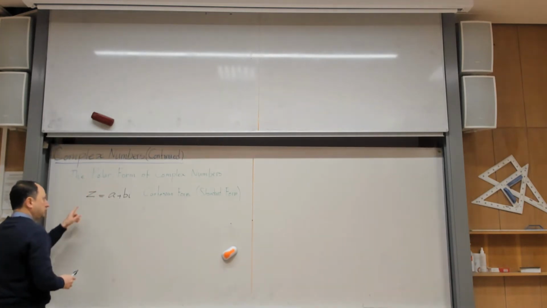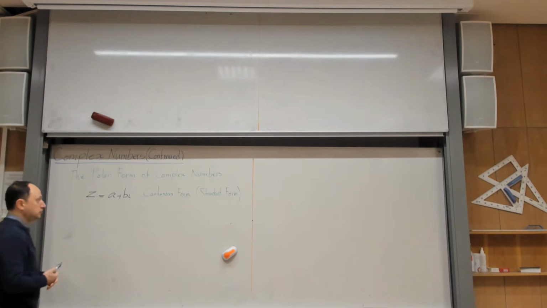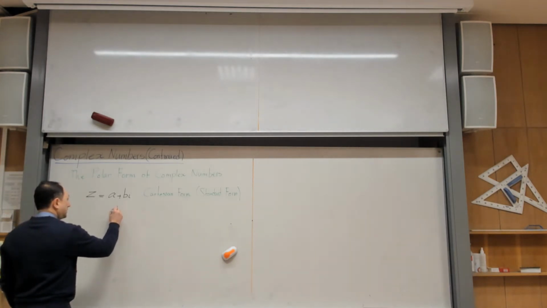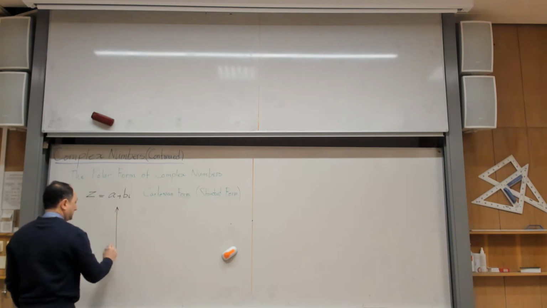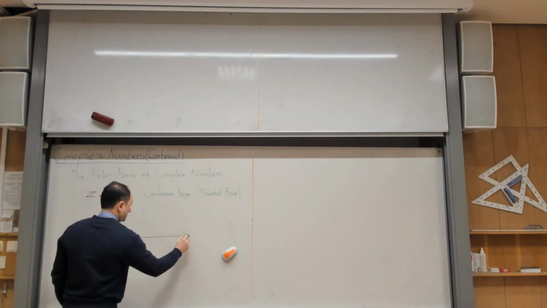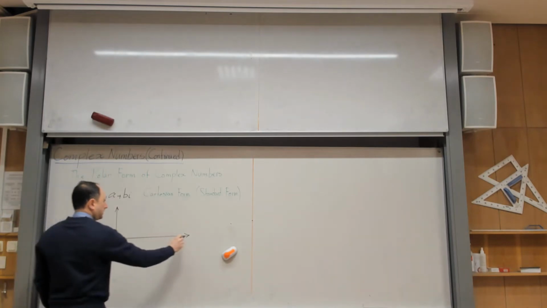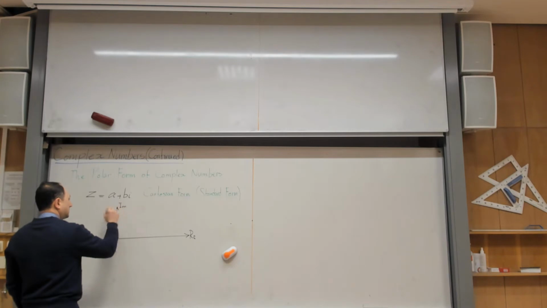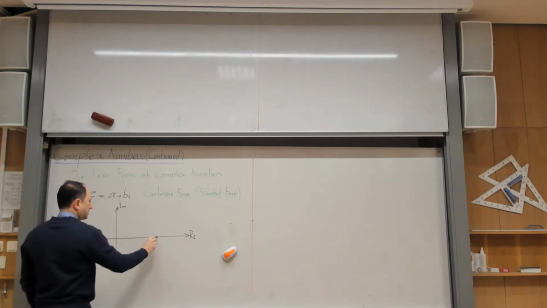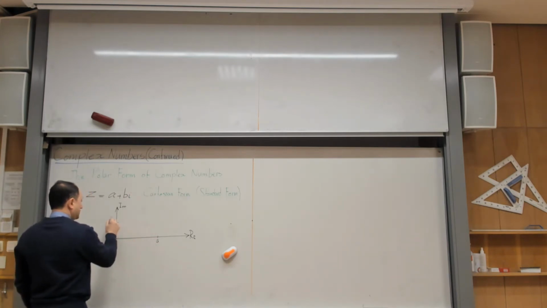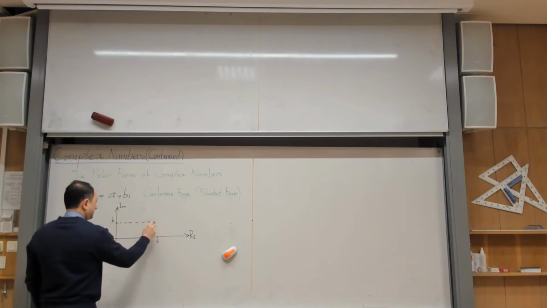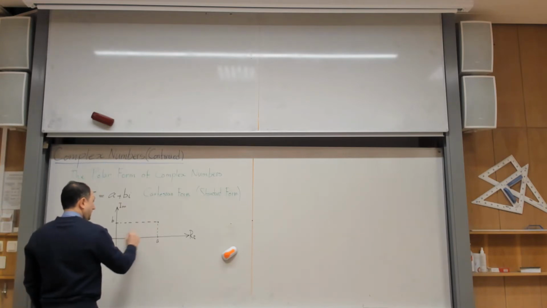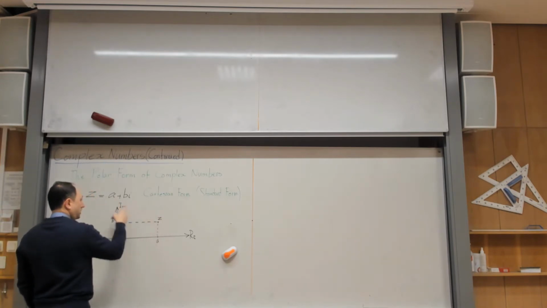Before doing that, I want to define a concept called the argument of a complex number. So if you have this complex plane, this is the real axis, and this is the imaginary axis. If you find, for example, this point, say this is A, this is B. Do you remember, I can denote this by a point.